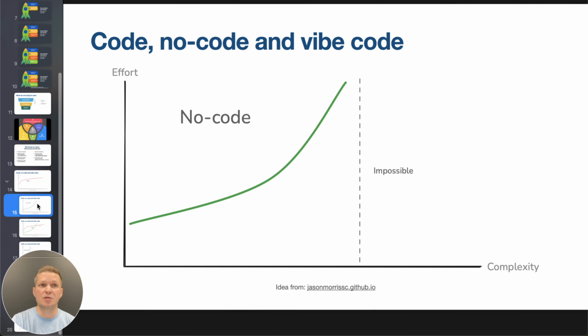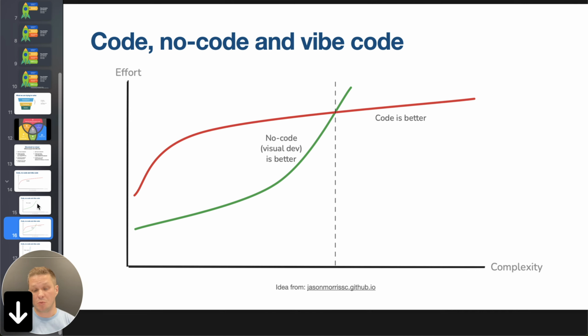And at some point, to maintain an extensive app in a visual way becomes basically impossible. So you can benefit from this idea and start with no code, and at some point continue with code. And that's what I believe a good no-code tool should do.